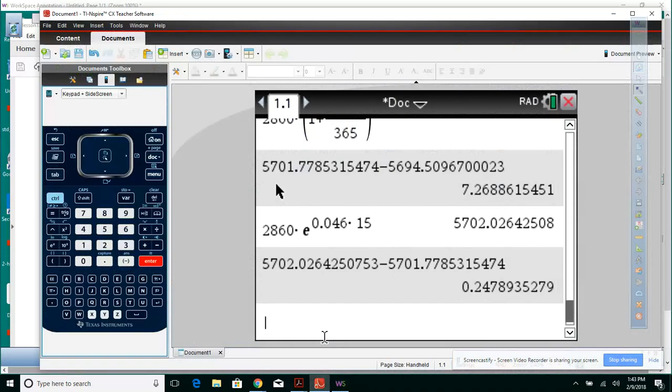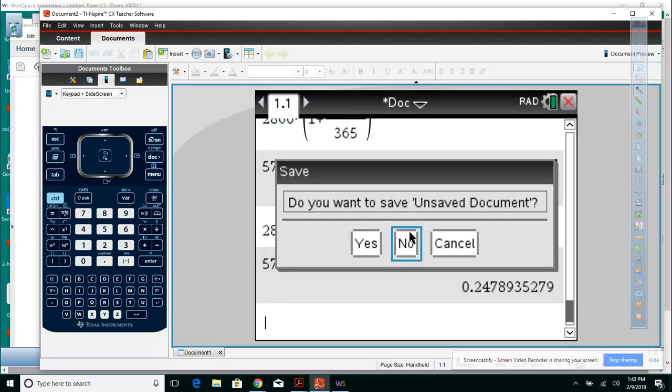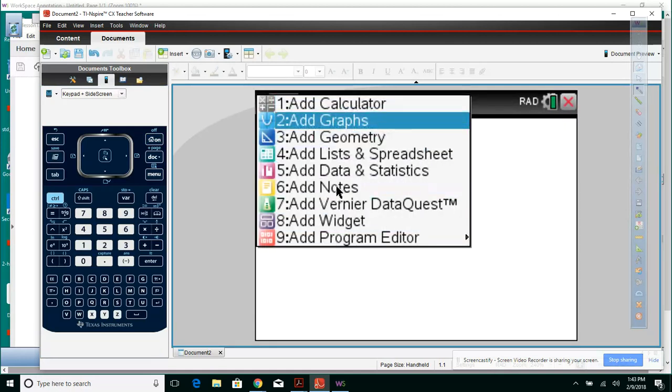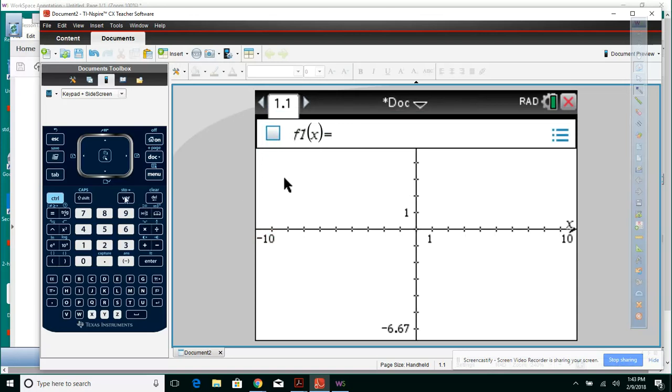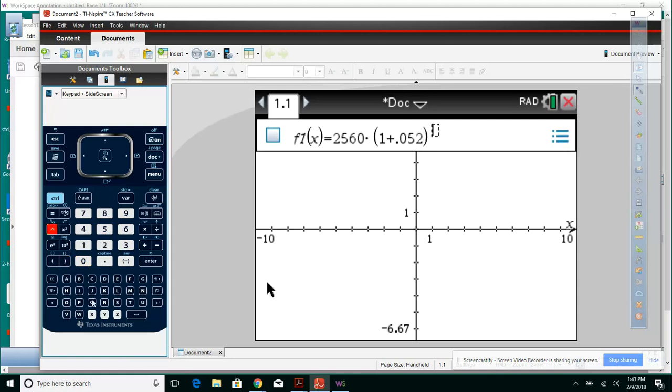And we can do this in our graphing calculator. Let's go to graphs, and we'll type in 2,560 times open parentheses 1 plus the rate 0.052 close parentheses caret.